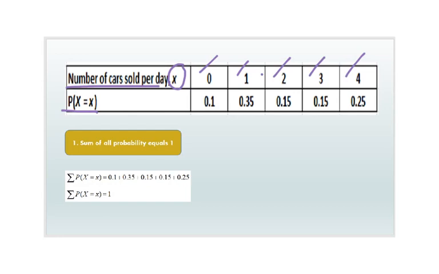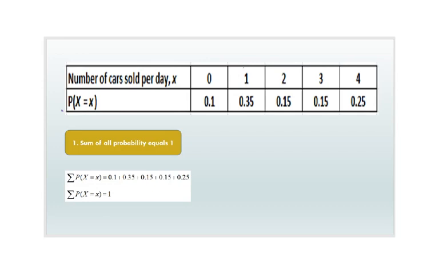Alright, okay, so now you have the probability distribution. So we have the table here. So now we want to apply the 6 properties of the probability distribution. So we go with the first property, which says that the sum of all probability equals to 1.